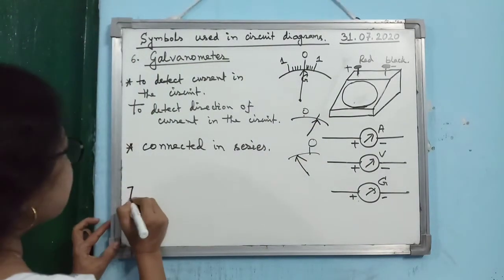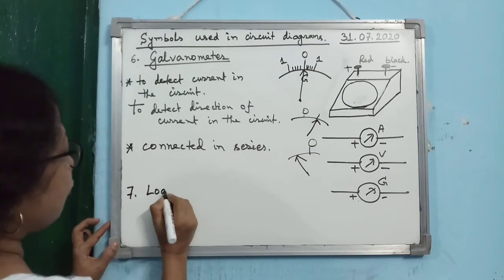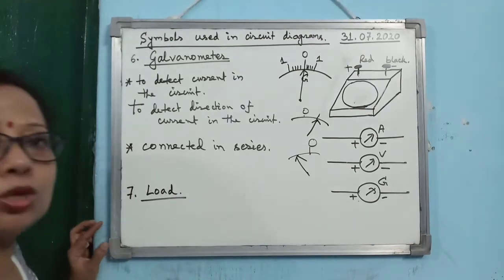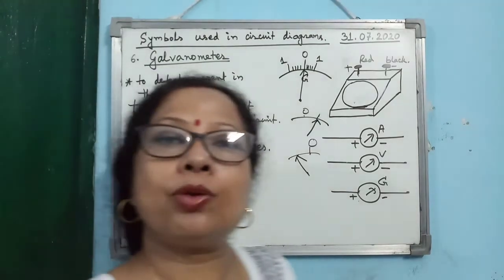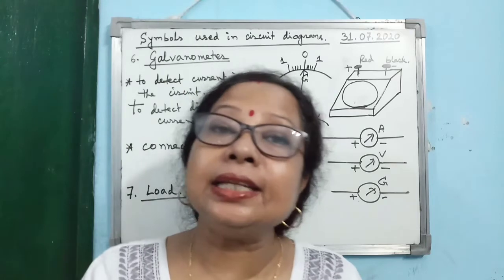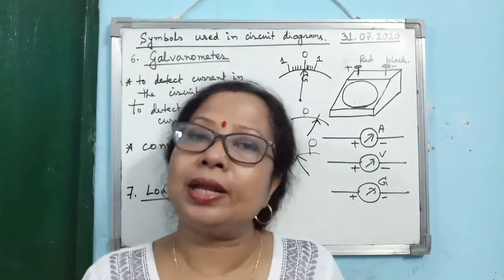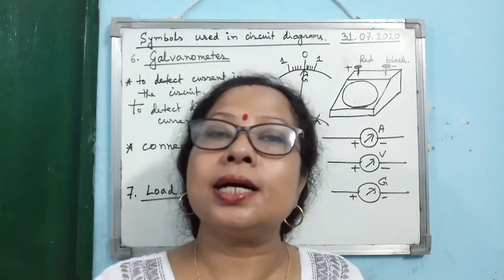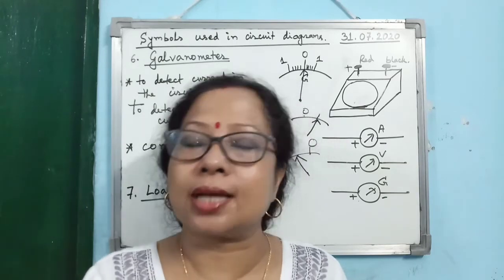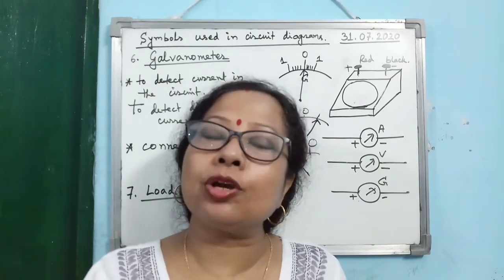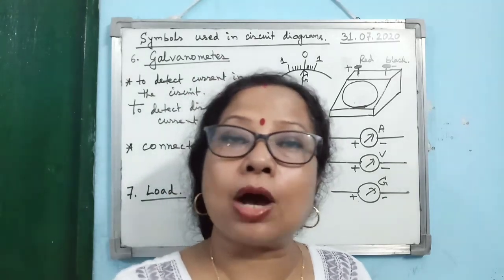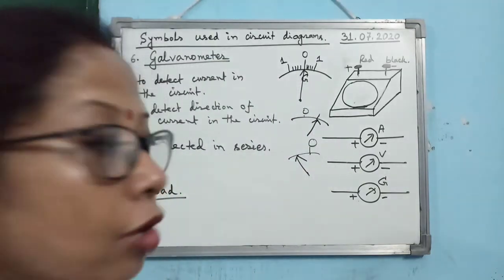Then the last electric device we generally use is the load. Suppose you are connecting an electric bulb or electric heater to a circuit. Electric bulb and electric heater just offer resistance to the circuit, that's why we call them the load, meaning how much resistance is offered in the circuit.